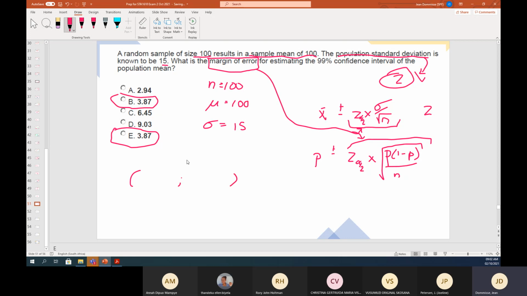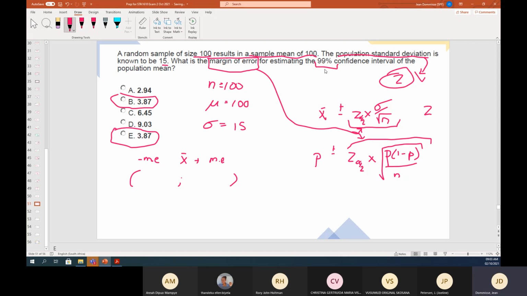If you have it in the confidence interval, how I look at it is, I plot my x-bar in the middle. On this side I add the margin of error, and on this side I subtract the margin of error. So they just want that margin of error component.